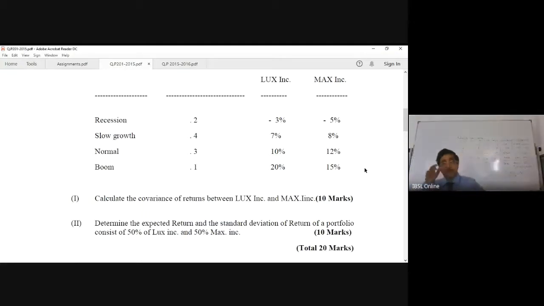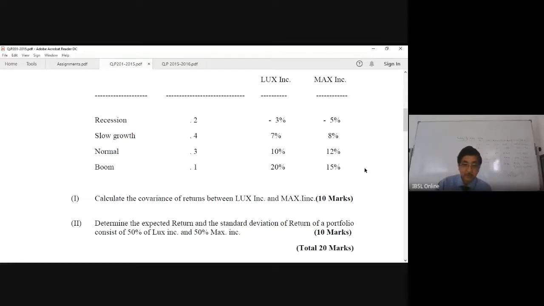First of all, you get the expected return of lux that we have already calculated, that is 7.2, and the expected return of max, that is 7.3. When you have 50% of lux and 50% of max, it is 50% into 7.2 plus 50% into 7.3, which is 7.2 plus 7.3 divided by 2. That is 7.25. So the expected return of the portfolio is 7.25%.